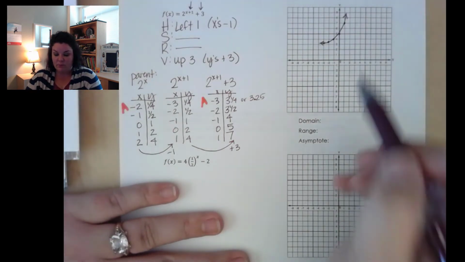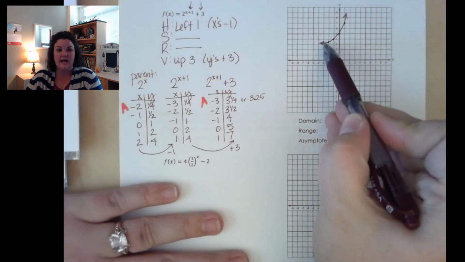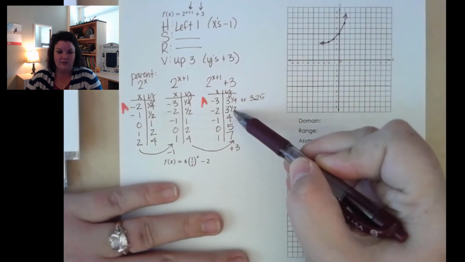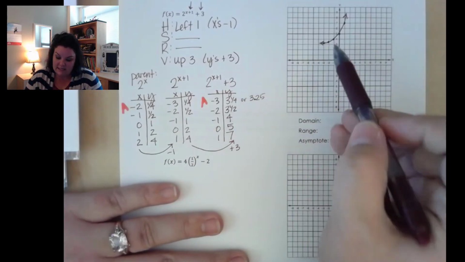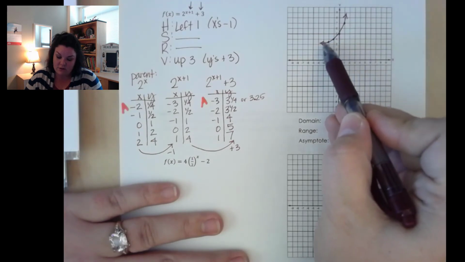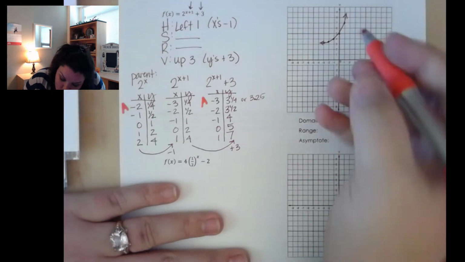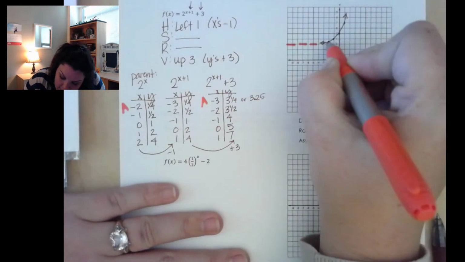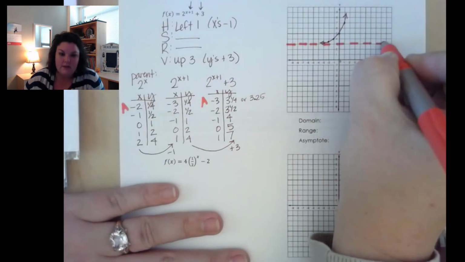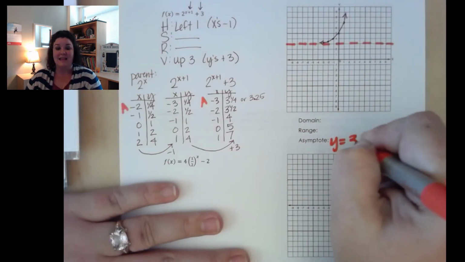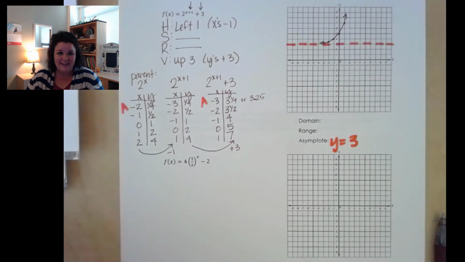And remember, this first point was the one that was going to be closest to the asymptote. So I can look, I'm going from 4 to 3 1/2 down to 3 1/4. So I can see this is getting closer and closer and closer to this y value of 3. So 3 is where my asymptote line is going to be. So go ahead and draw it in. Make sure you write it as a line. Don't just say 3. Say y equals 3.